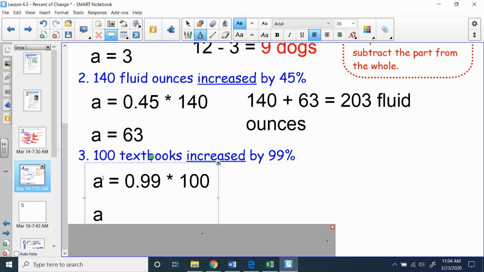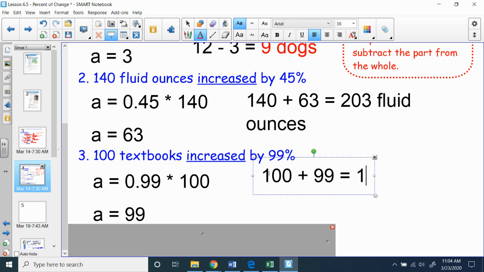That's going to give me a part, which is 99 textbooks. I started out with 100, but this is an increase, so I add 99. My new total is 199 textbooks.